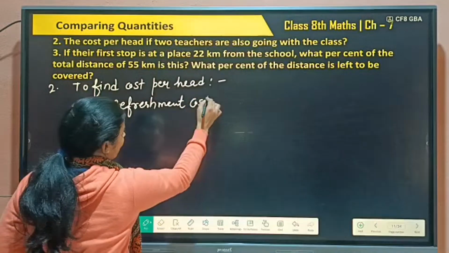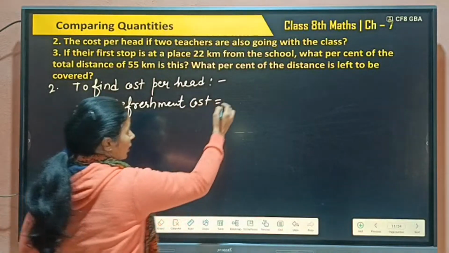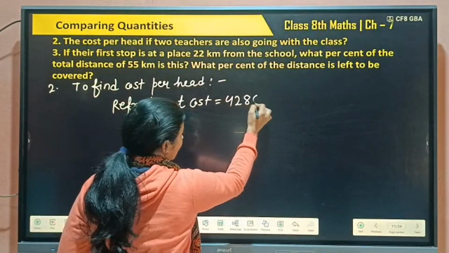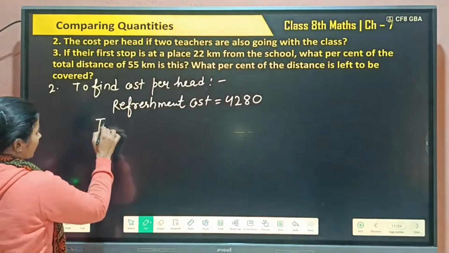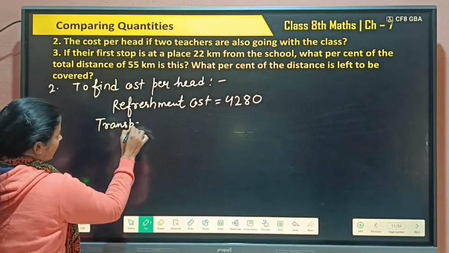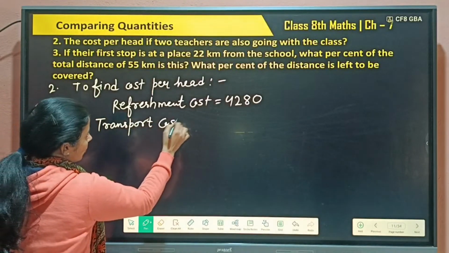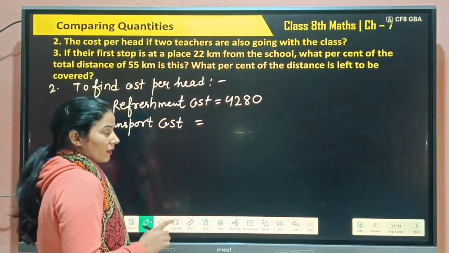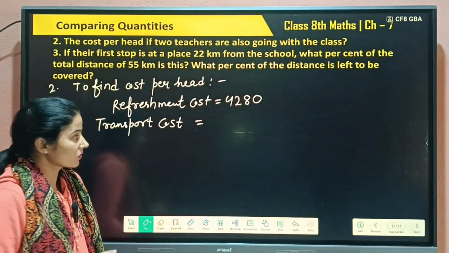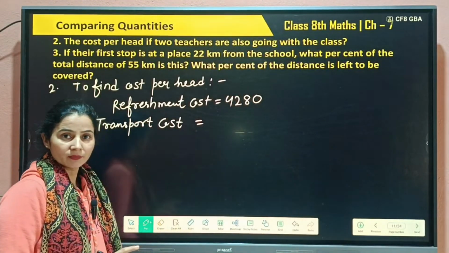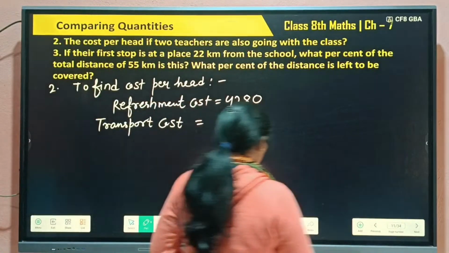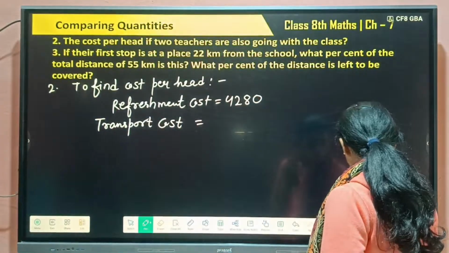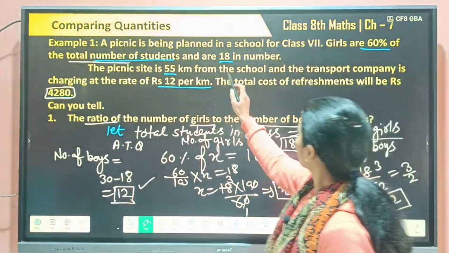Refreshment cost is 4,280 and transport cost will be, a transport company is charging 12 rupees for 1 kilometer, and the picnic spot is 55 kilometer from the school.